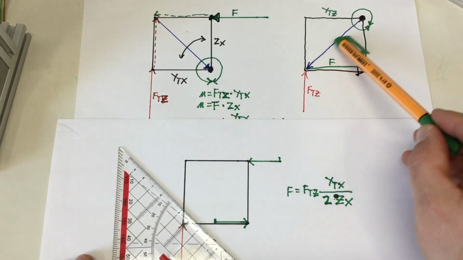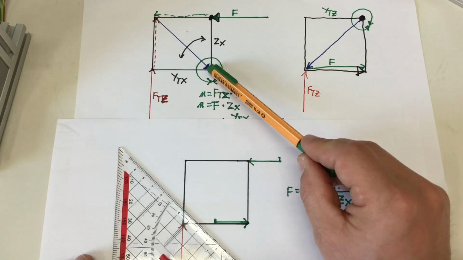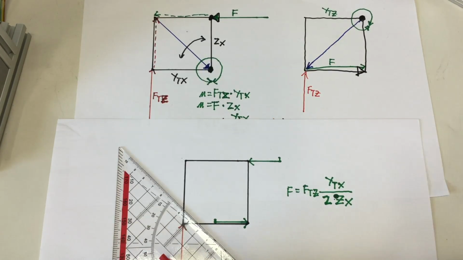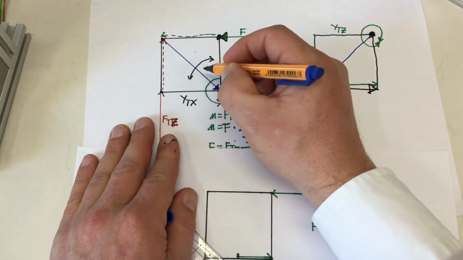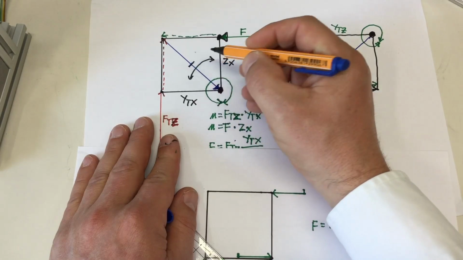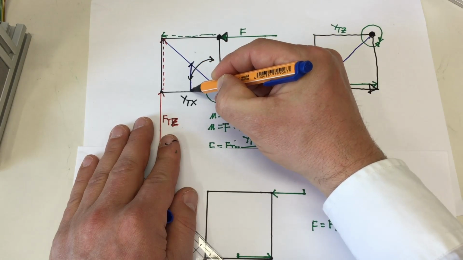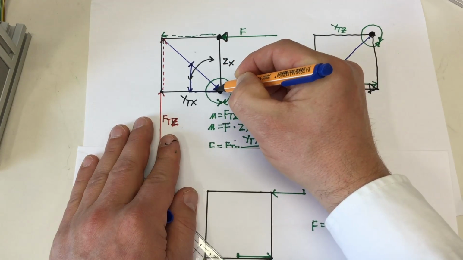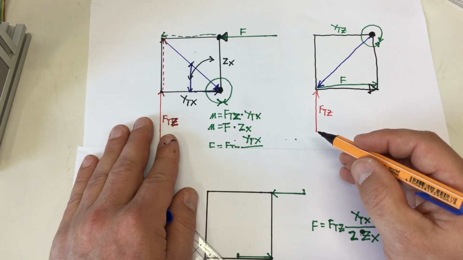Now we just need to add those two forces, and we basically need to halve them, and I will put that force, using force triangles again, into an X and a Y force.